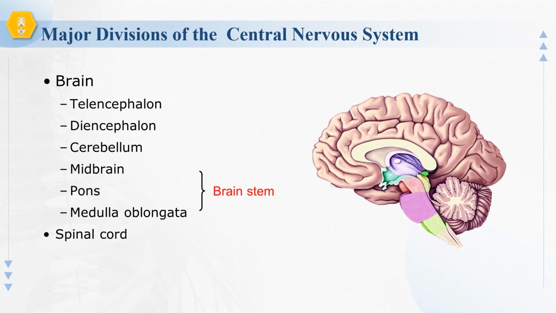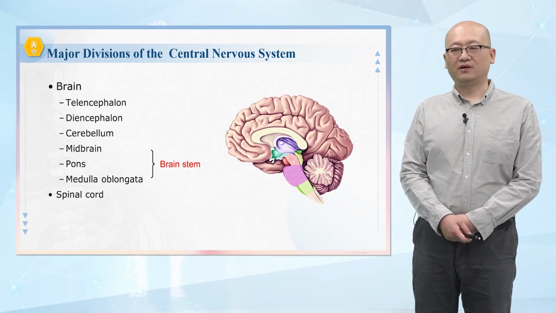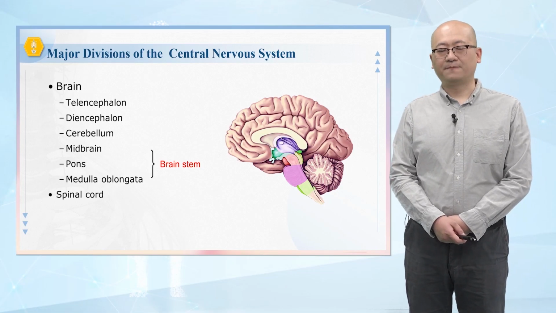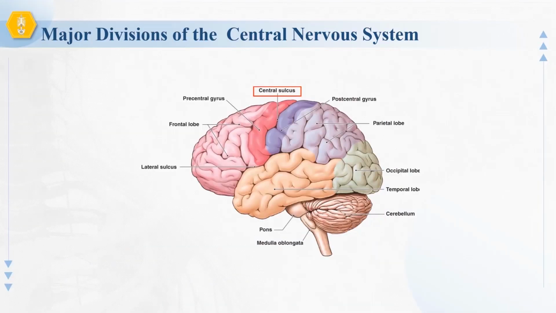And the brain can be divided into these parts. The first one is the telencephalon, and the second is the diencephalon, and the cerebellum, midbrain, pons, and medulla oblongata, and also the spinal cord here.